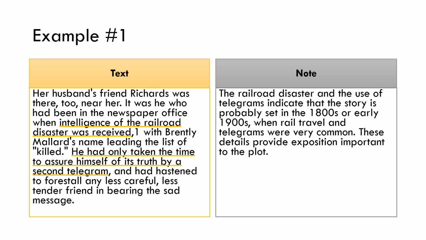For example, during this time, women were expected to submit to their husband's authority. The reader recognizes that clues about setting establish important background information or exposition that is integral to further development of the plot.